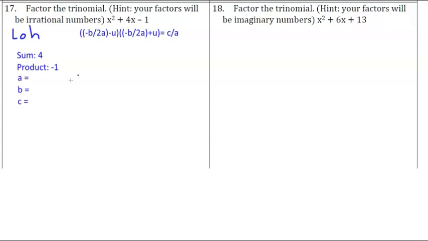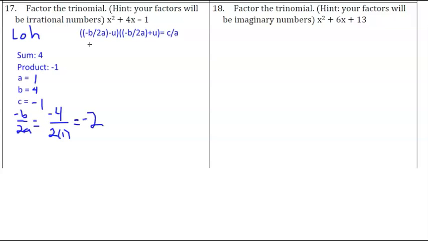Here's our formula. A is 1, B is 4, and C is negative 1. So we'll plug it into the formula. Negative b over 2a, in this case, would be negative 4 over 2 times 1. That would be negative 2.